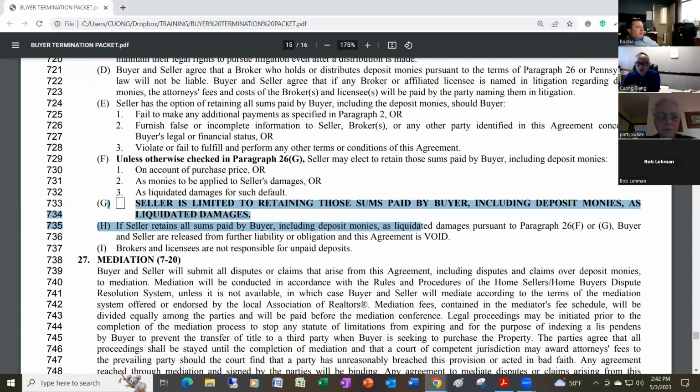So if that's checkmarked, then the seller is limited to retaining the sums paid by buyer. Well, they haven't paid anything, then the seller is limited to retaining 0. Right? But if that box is left unchecked, I've never seen it happen, but if it's not checked, then the seller isn't limited to only the sums paid by the buyer, so they could go maybe after them for damages.